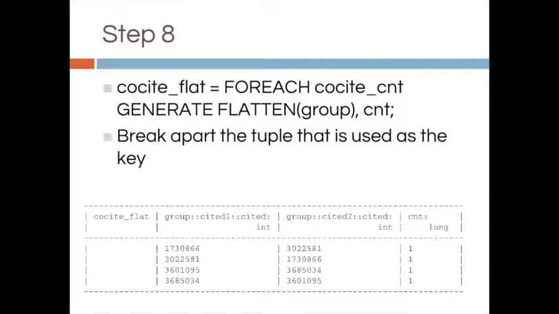What that does is it takes those tuples that represent two patents that are cited together, and it simply breaks that up from a single attribute into two attributes. You can see in this table, you see the two columns representing the patent numbers, and the rightmost column representing the count of those respective tuples.